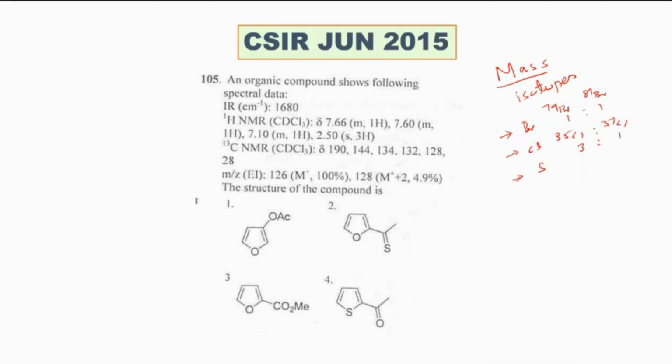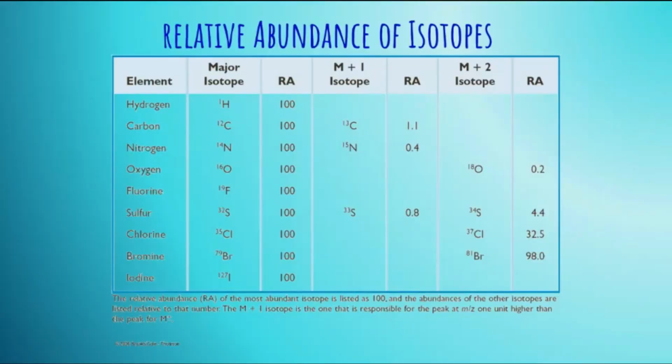And when I talk about sulfur, you'll have two isotopes in the range of nearly 100:4. I'll show you in the next slide. One isotope is 100%, the other is just 4%. In this chart, for sulfur, I can ignore this because it's just 0.8.